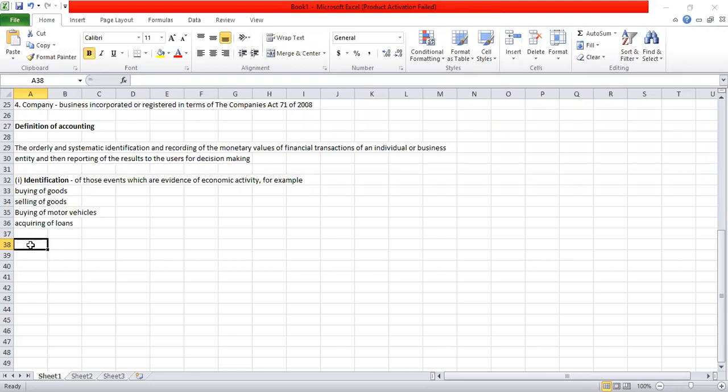Right. Then the number 2 activity is recording. After we've identified them, we have to record them. That is the recording of monetary value of the economic event.